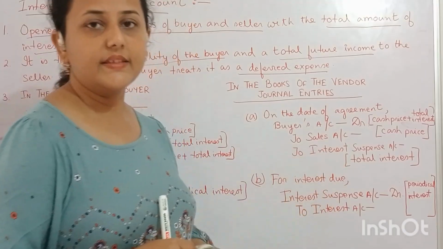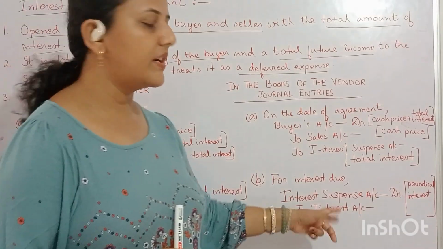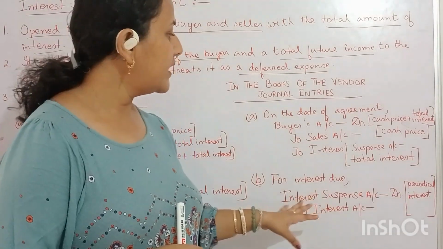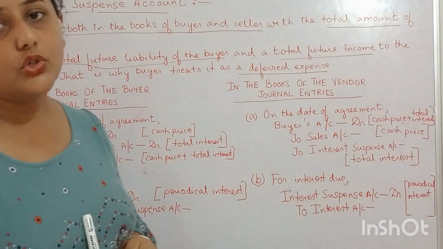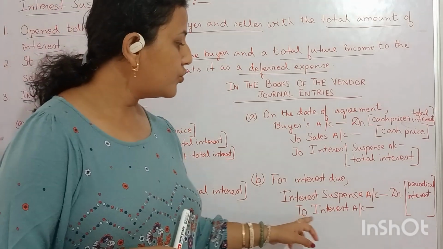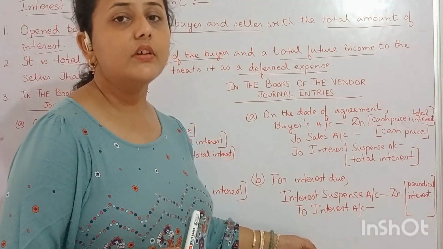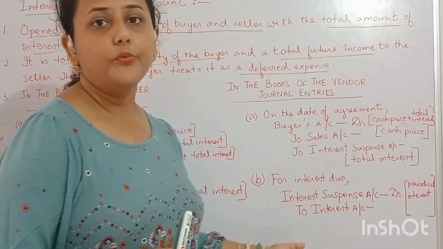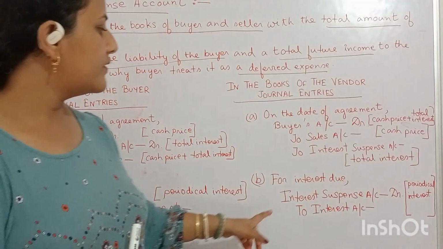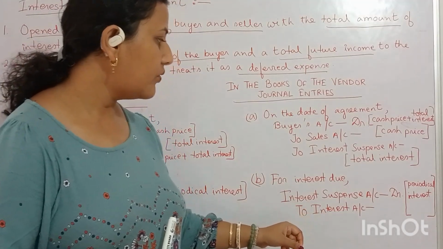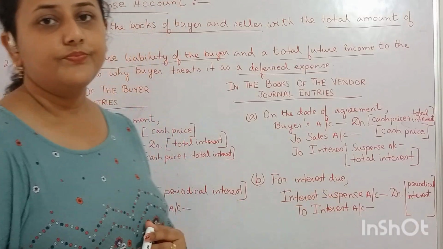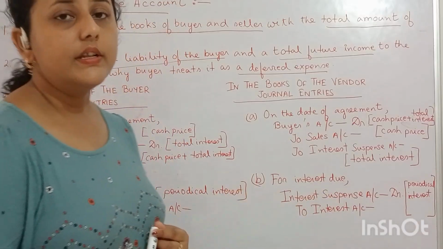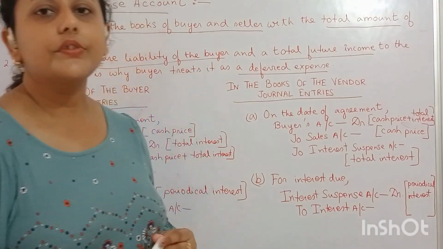Debit credit will be cancelled. But interest suspense account will have to be opened in case of installment system. So interest suspense account debited to interest account, which is a gain for the vendor, with the total periodical amount of interest.